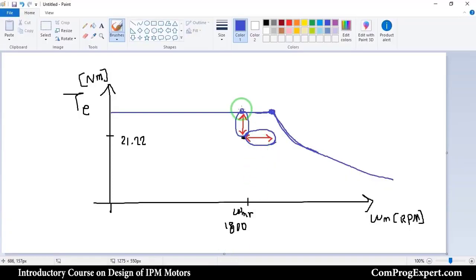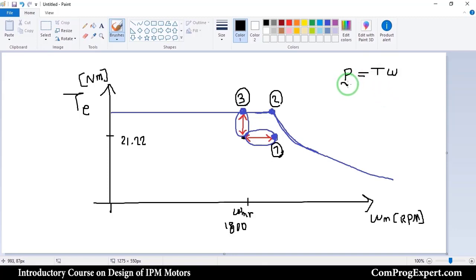So calculate the power in this point, okay, and in this point I write the point number 1, the point number 2, and the point number 3. So the output power is equal T times omega.